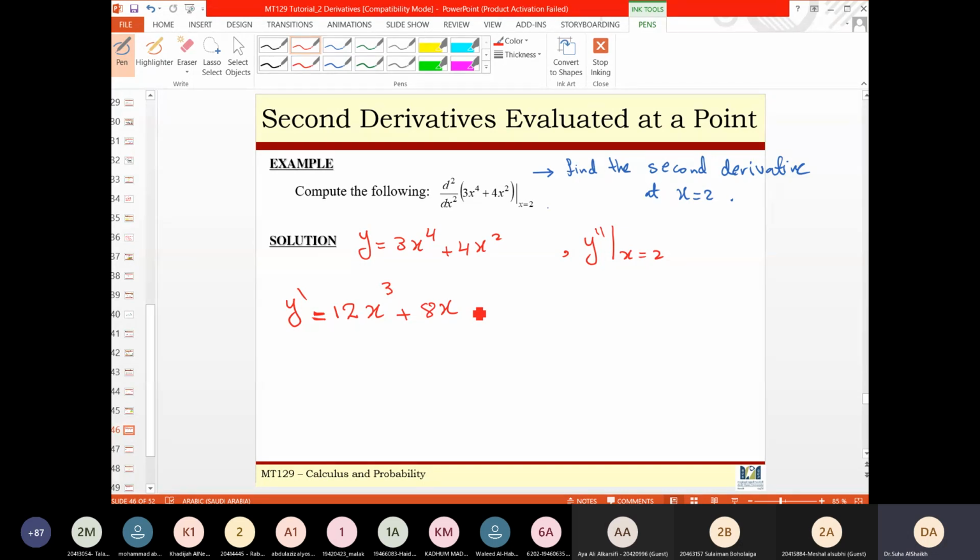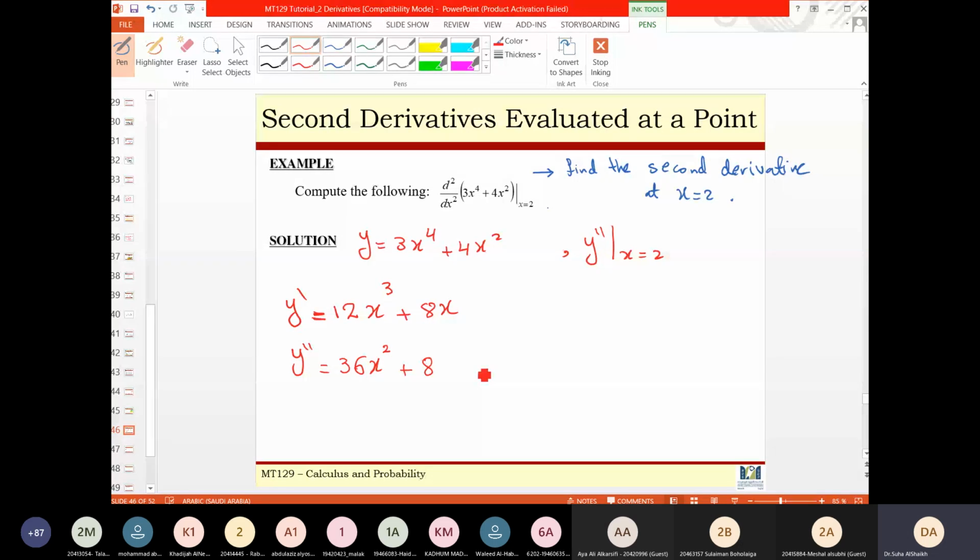Yeah. And what's y double dash, which is the derivative of the derivative? It will be 36x^2 + 8. Easy thing, right?